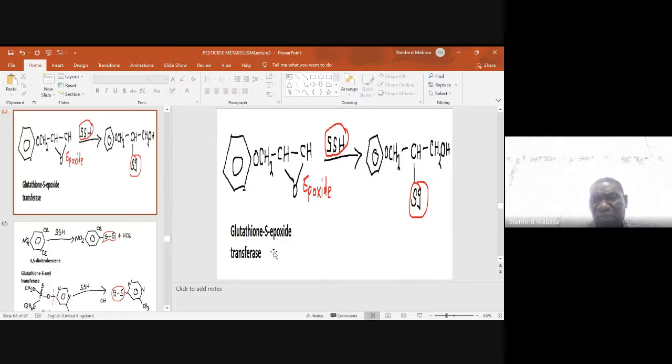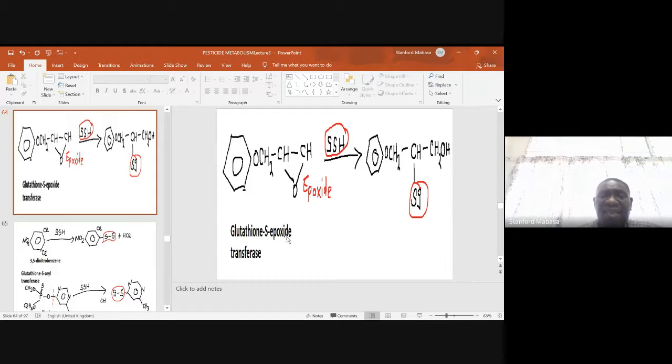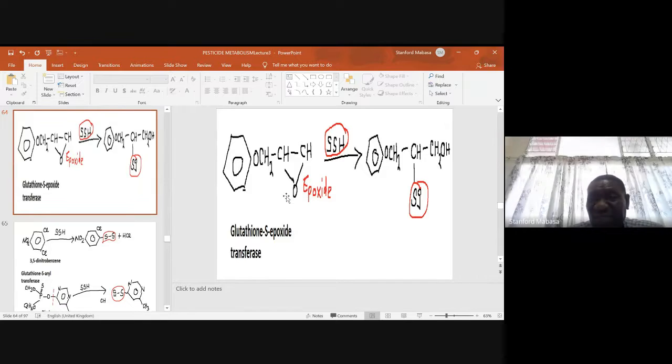Now, glutathione S-transferase, but this one we can call glutathione S-epoxide transferase because it's a special transferase which is acting on this epoxide. So glutathione is going to get attached to this position here and detoxify this pesticide.